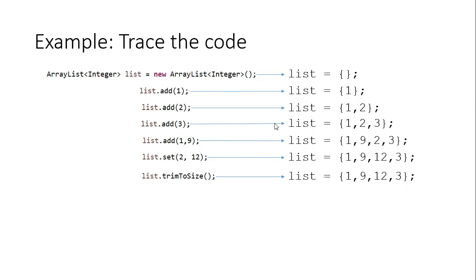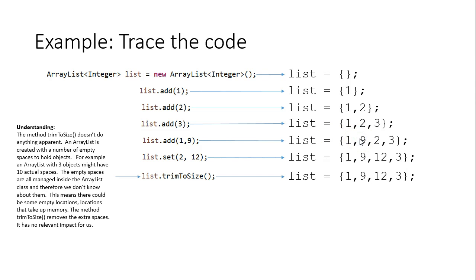An ArrayList, when it actually gets created, what's happening in the background is it's creating an array of 10 elements. So if I have 3 objects in there, there's 10 actual memory spaces reserved. And trimToSize simply cuts off any elements that aren't being used. So it has no apparent impact.